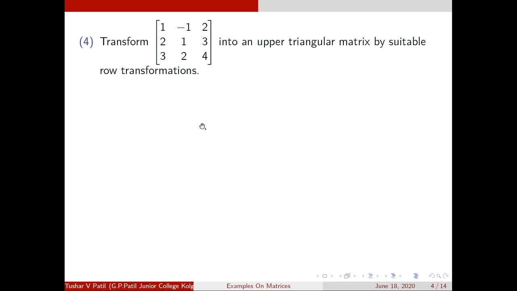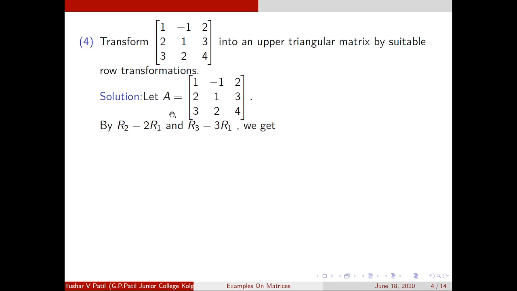Next example, transform the given matrix 1 minus 1 2, 2 1 3, 3 2 4 into an upper triangular matrix by suitable row transformations. Solution, let us denote it by A. First of all, apply the transformation on the given matrix, R2 minus 2R1 and R3 minus 3R1.